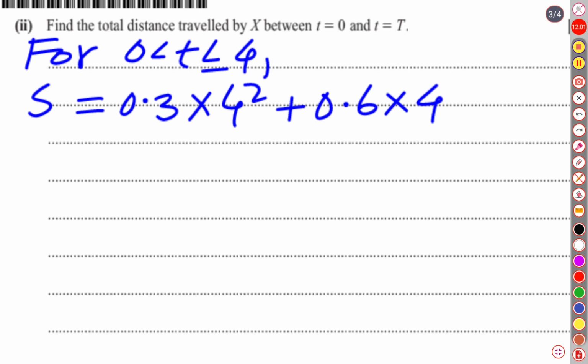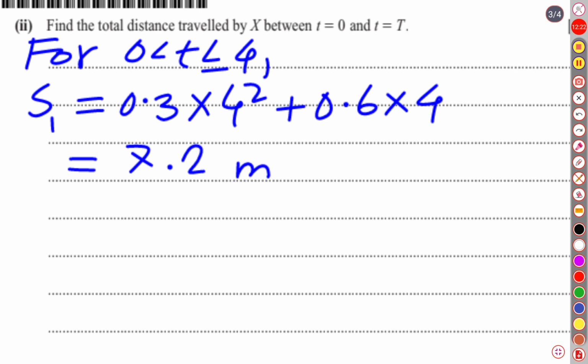Okay. So it is going to be 16, 3 16s are 48. So 48, and 0.6 times 4 is 2.4, so 7.2. That means 7.2 meters. So for the first phase, the displacement in 4 seconds, the particle traveled 7.2 meters.